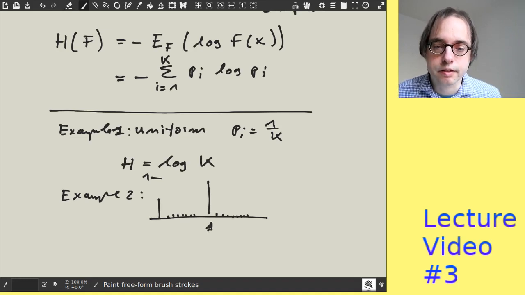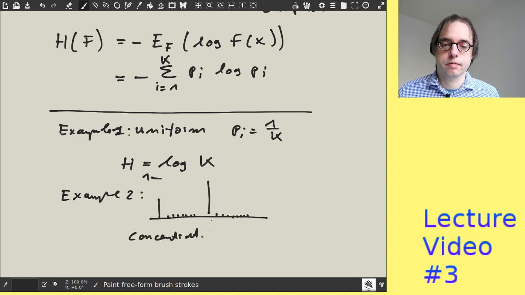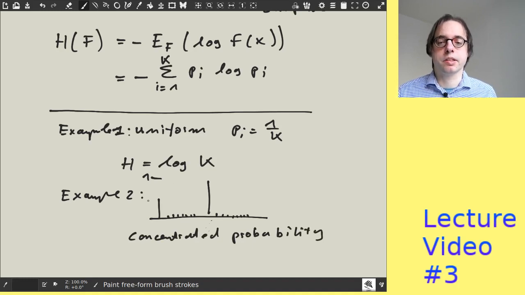So this is basically concentrated probability mass, basically the opposite of uniform. And then it turns out that the entropy is 0.